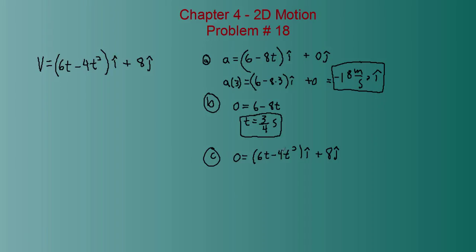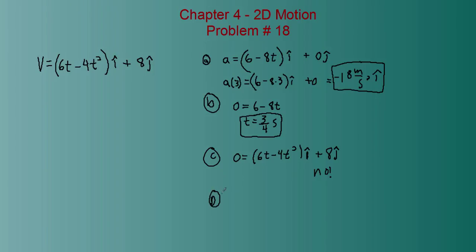I haven't solved it yet because of the y direction, but it looks like in the x direction there would be a moment when the velocity is 0. But take a look at the y direction. There's never a moment. At all moments, the velocity in the y direction is always 8. It does not depend on the time. So the answer is no, because there's always motion with a speed of 8 meters per second in the y direction.